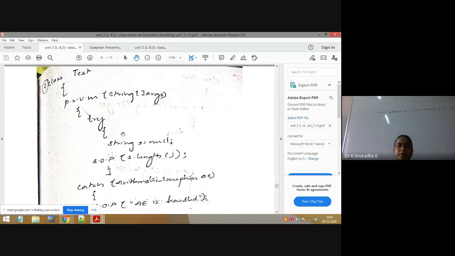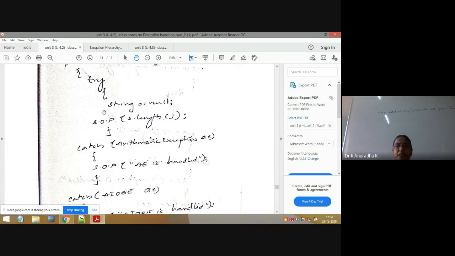Next, the second program: class Test, then the main method. Inside the try block, I have written the same exception. Remember this point: there is no need to write the same exception in all the programs. I have already explained five exceptions in depth: class cast exception, null pointer exception, array index out of bounds exception, string index out of bounds exception, and arithmetic exception.